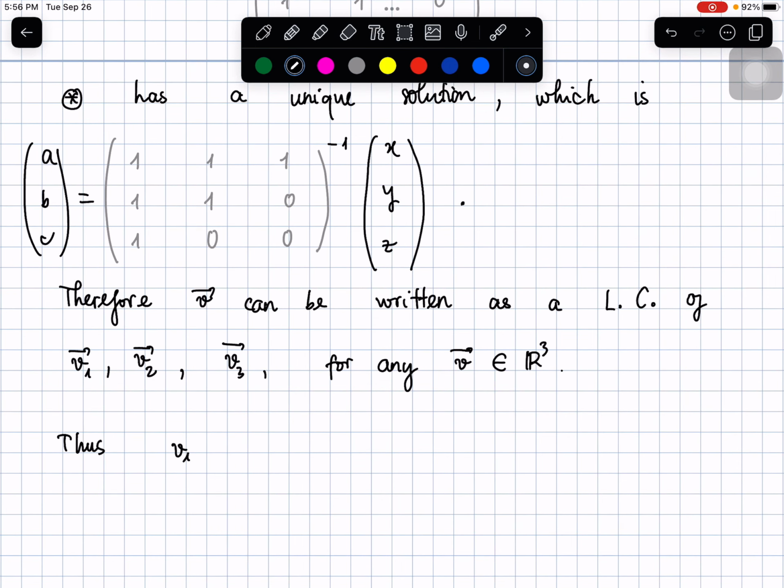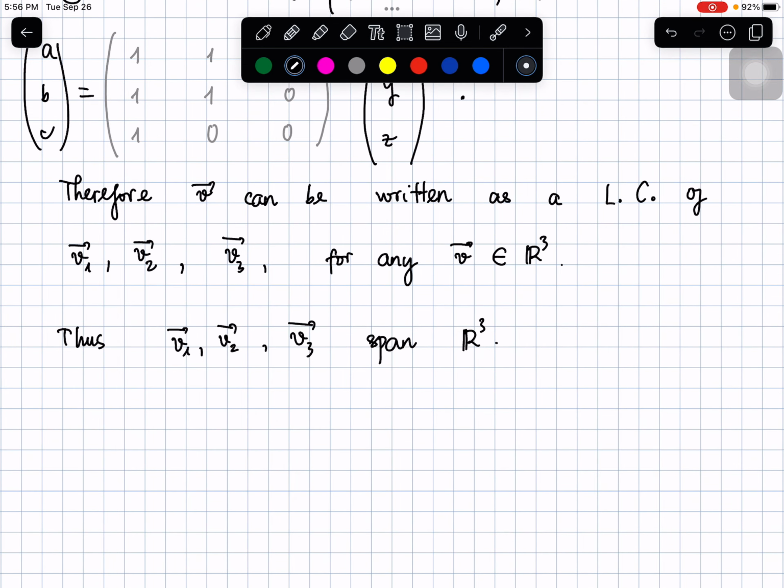V1, V2, V3 span R3. So two conditions are satisfied. The first condition, they are linearly independent. The second condition, they span the whole vector space. And hence they form a basis, this set is a basis of R3.